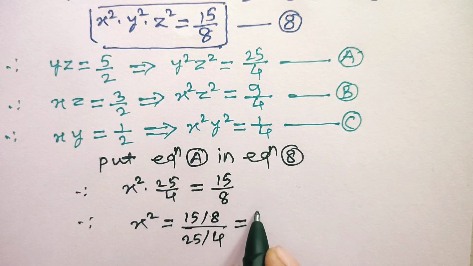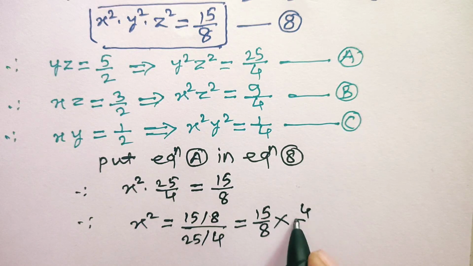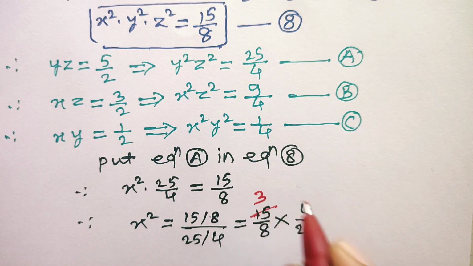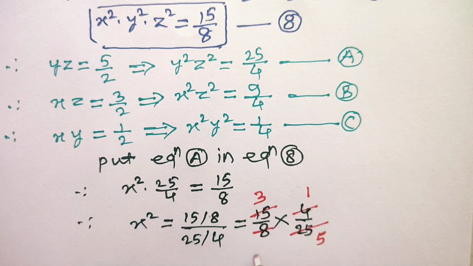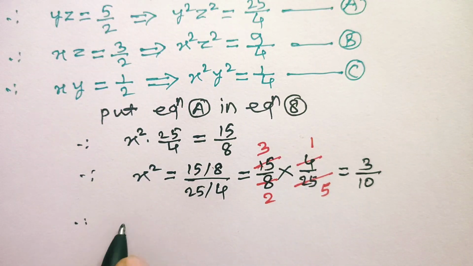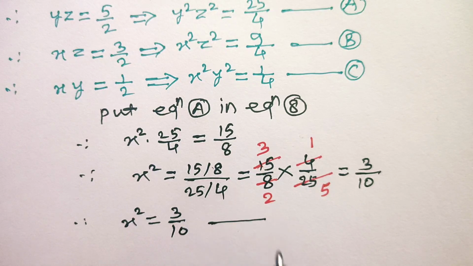This is equal to 15/8 into the reciprocal of this, 4/25. Divide 15 by 5, this gives 3. 25 by 5, this gives 5. Divide 4 by 4, this gives 1. 8 by 4, this gives 2. Hence this is equal to 3 into 1, 3, upon 2 into 5, 10. Hence x² is equal to 3/10. Consider this is equation number D.